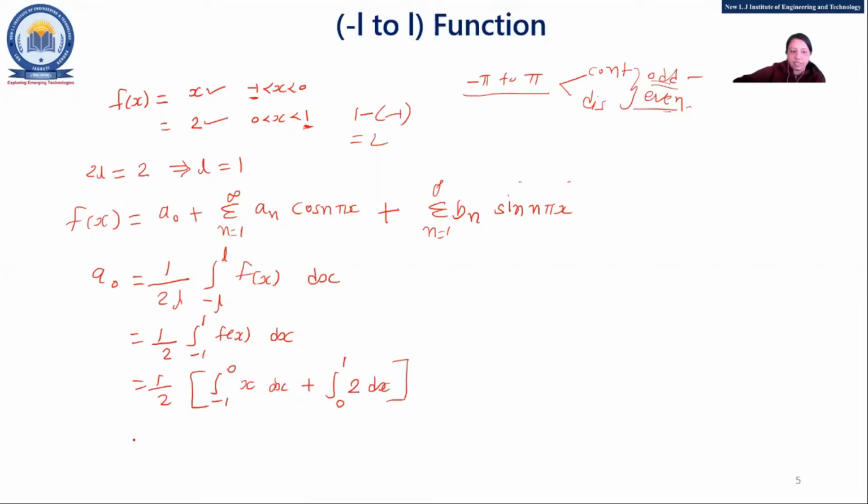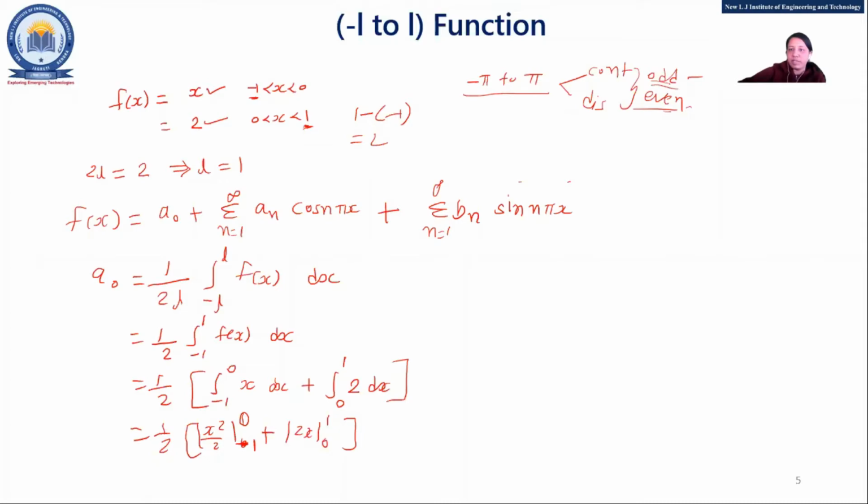The integration of this simple x is x square by 2, with limits minus 1 to 0, plus 2x with limits 0 to 1.